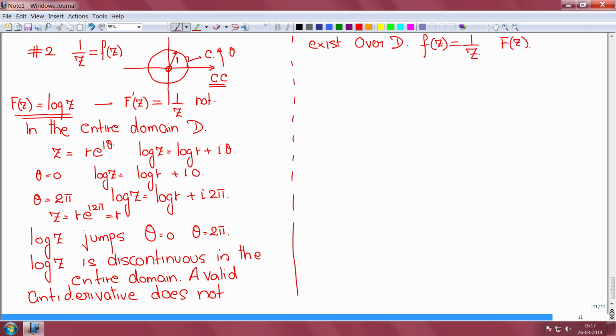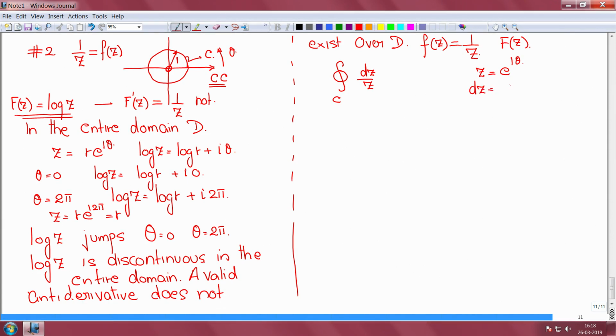And therefore, what happens if I integrate now over this closed contour C, dz over z? What is z? Let us say z is the unit circle e to the power i theta, parameterized in terms of theta.